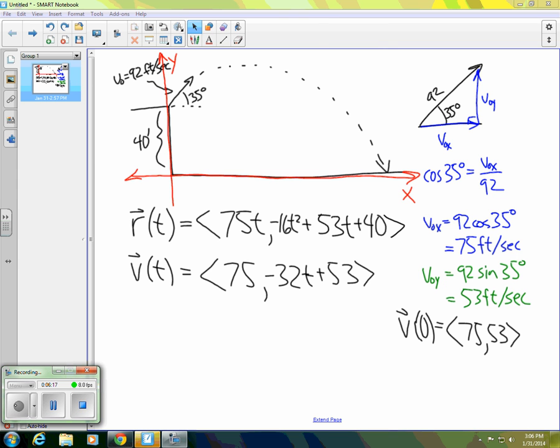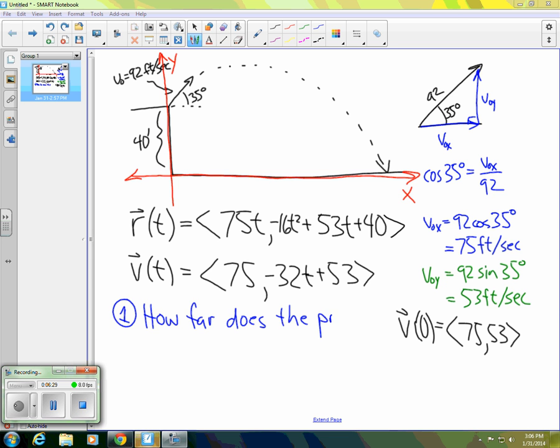Let's ask our first question. How far does the projectile (PROJ) go horizontally before it hits the ground?